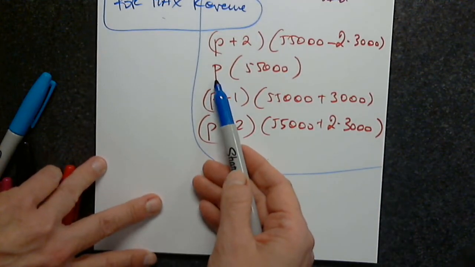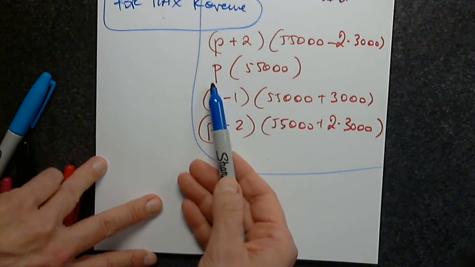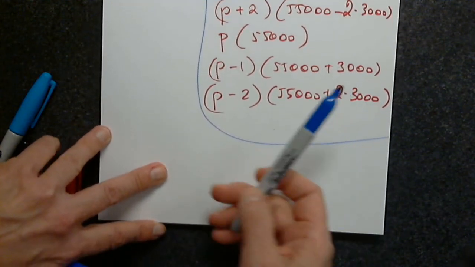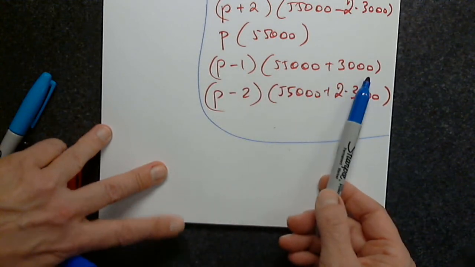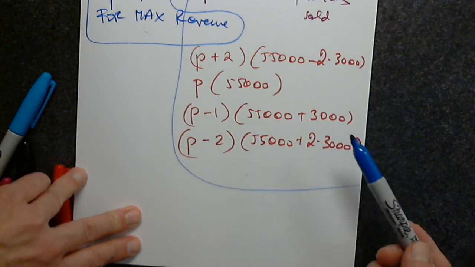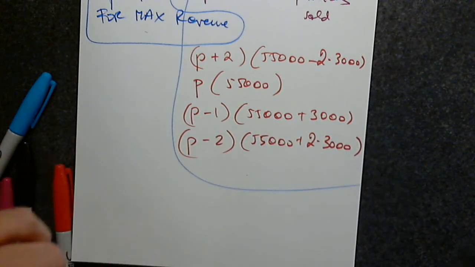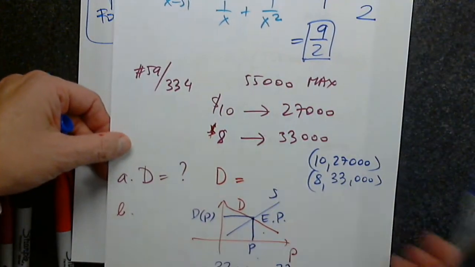If I keep P, then it's 55,000, which will be the maximum. P minus 1, then 55,000 plus 3,000, but I can't really do that because I don't have the capacity. I just wanted to show you the idea. So the capacity is 55,000 maximum.